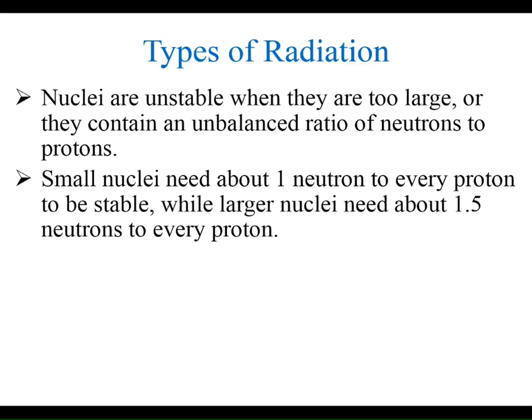So what's that ratio? Again, I can tell you much more about this if you come back in another class, but in general, if it's a small nucleus, one of the first 20 elements or so, like hydrogen, helium, lithium, they need about a 1-to-1 ratio between protons and neutrons. So if they have 5 protons, they want 5 neutrons.